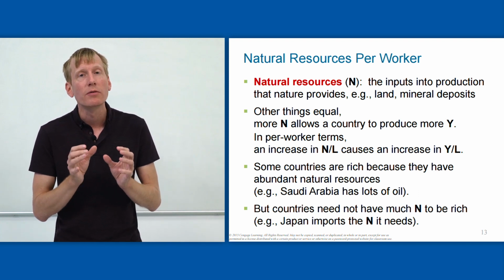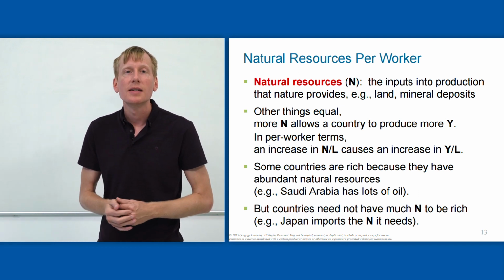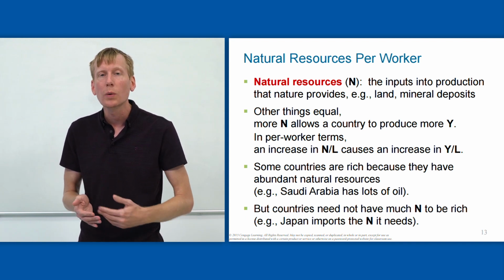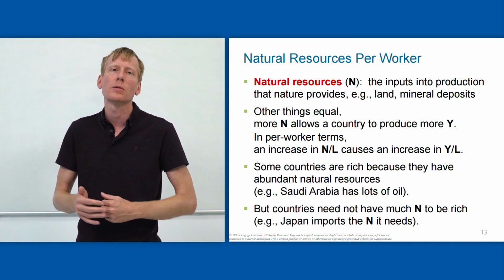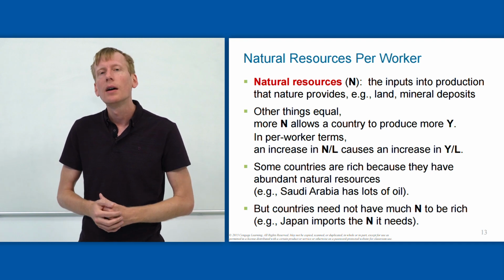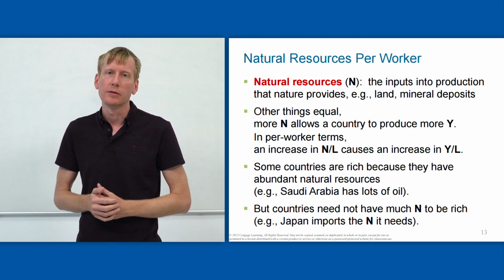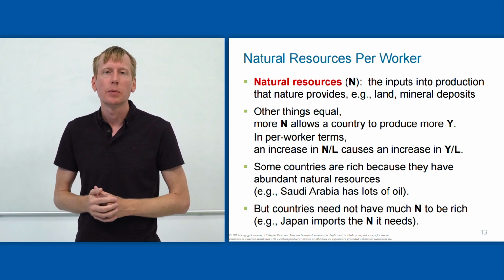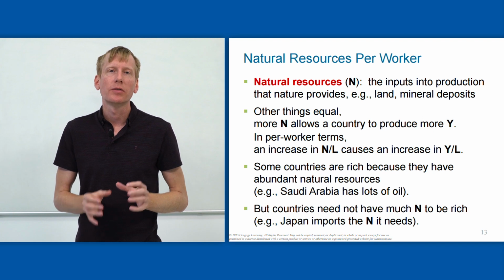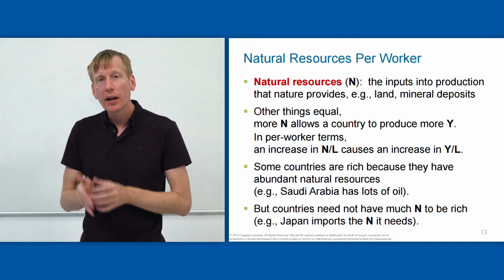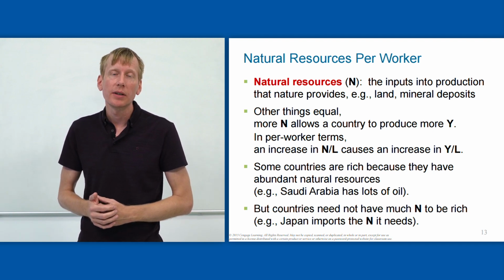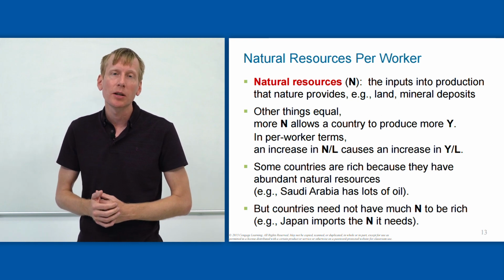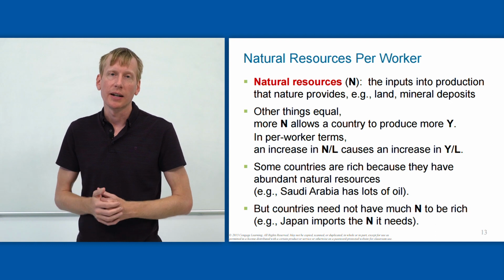All else equal, if we have more natural resources, say more timber, more oil in the ground, more coal, more iron ore, more fish in the sea, workers would be more productive. We'll call those natural resources N, just like we called human capital H, and physical capital K. And then another one of our determinants of productivity would be N divided by L, the natural resources that are available to our workers in the economy.